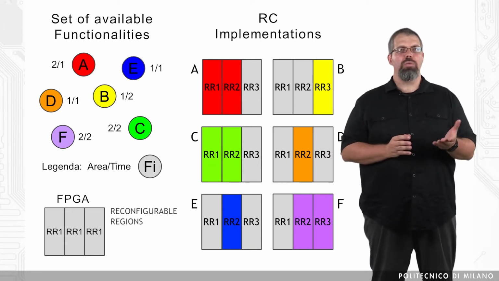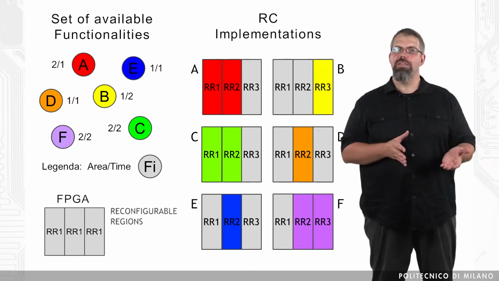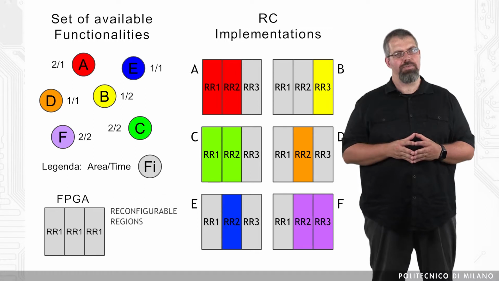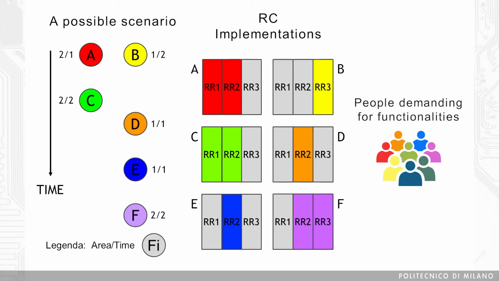We know that we have 6 functionalities that have been implemented on our FPGA via their corresponding partial reconfiguration B-stream. In this example, we do not have any data dependency between the 6 functionalities. In other words, we can see this as a set of 6 services that are going to be requested by a pool of users. Within this context, we are working under a blind scenario.